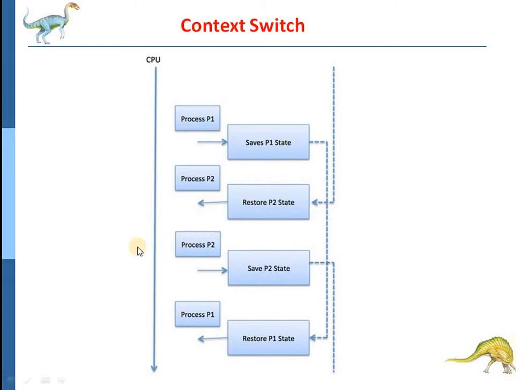At that time process 2 is reloaded into the CPU from its PCB. Again, after some time, process P2 is switched out. At that time, its state is saved into its PCB2 and process 1 is reloaded into the CPU, and all the information is taken from its PCB1.